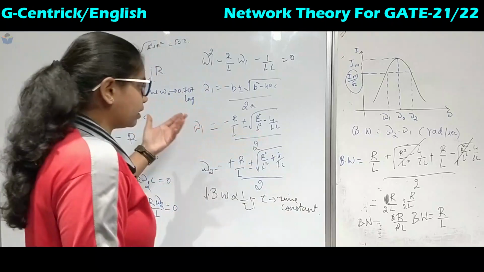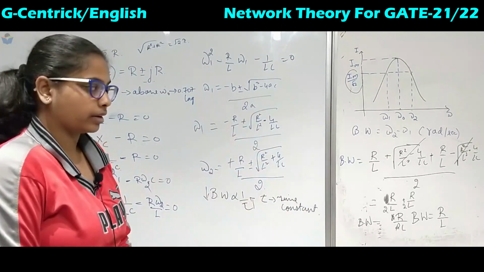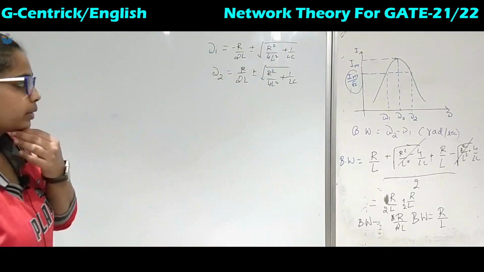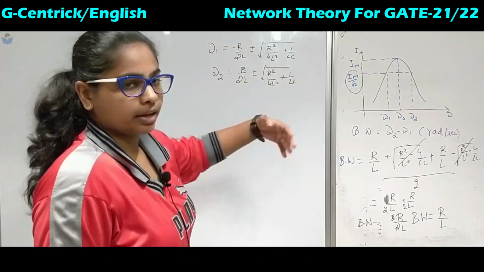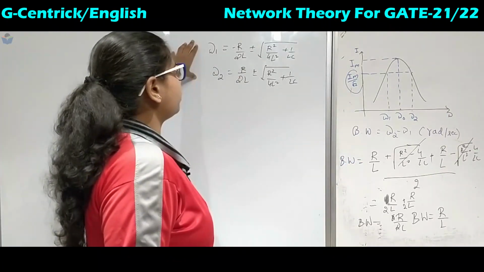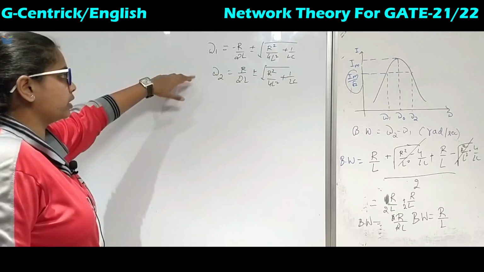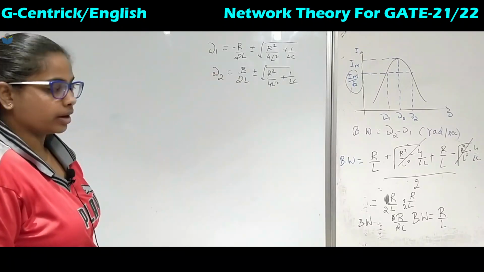We will next see the bandwidth with respect to the term quality factor. I have rewritten the formulas that we got by solving for the roots omega 1 and omega 2.